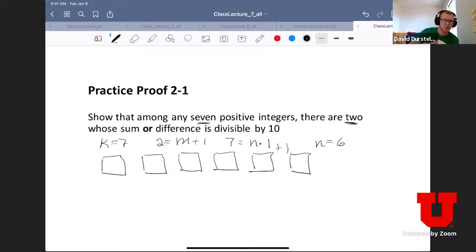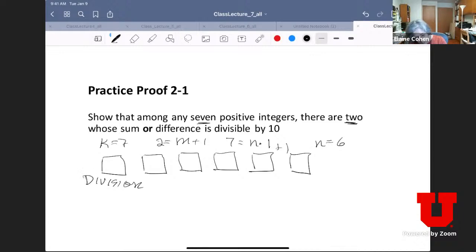I'd label them based on the last digit, 0, 1, 9, 2, 8, etc. So here we're going to use the division theorem, where we're dividing by 10.